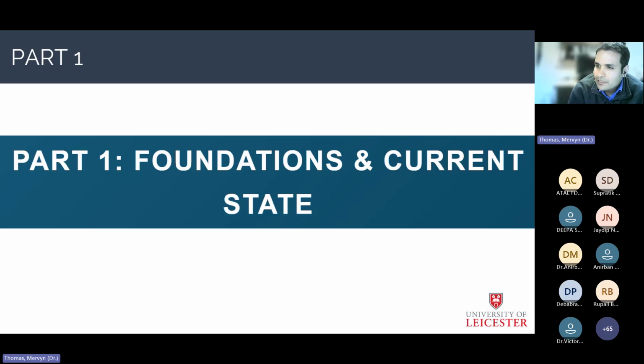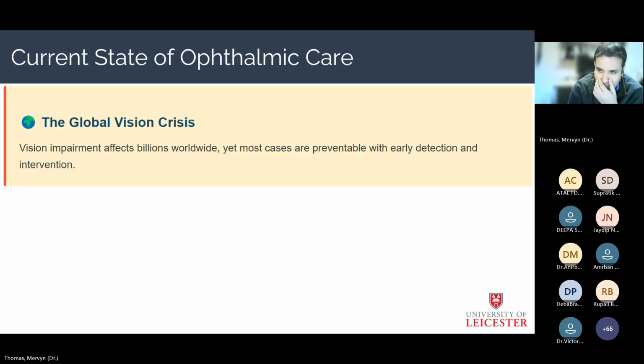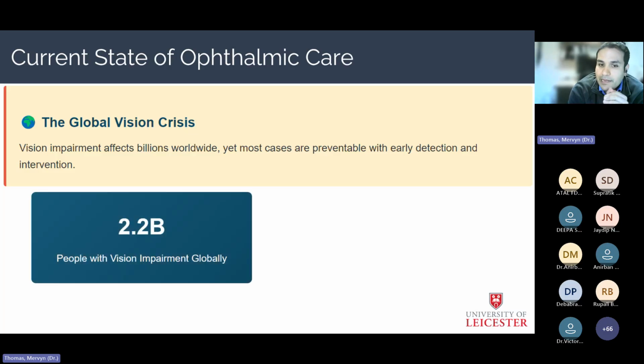So in this first section, I want to highlight why ophthalmology has been uniquely primed to adopt AI technologies ahead of many other specialties. But here's the harsh reality. What we know about blindness is that 2.2 billion people worldwide have a vision impairment.